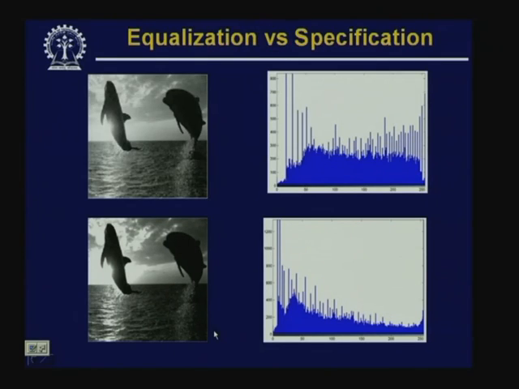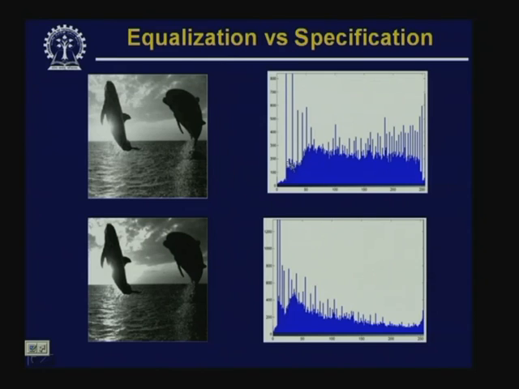Now, to compare the result of histogram equalization with histogram specification, you find that on the top I have shown the same histogram equalized image that we have shown earlier, and on the bottom row we have shown this histogram matched image. And in this histogram specification, the target histogram which was specified was the histogram which is obtained using this equalization process.